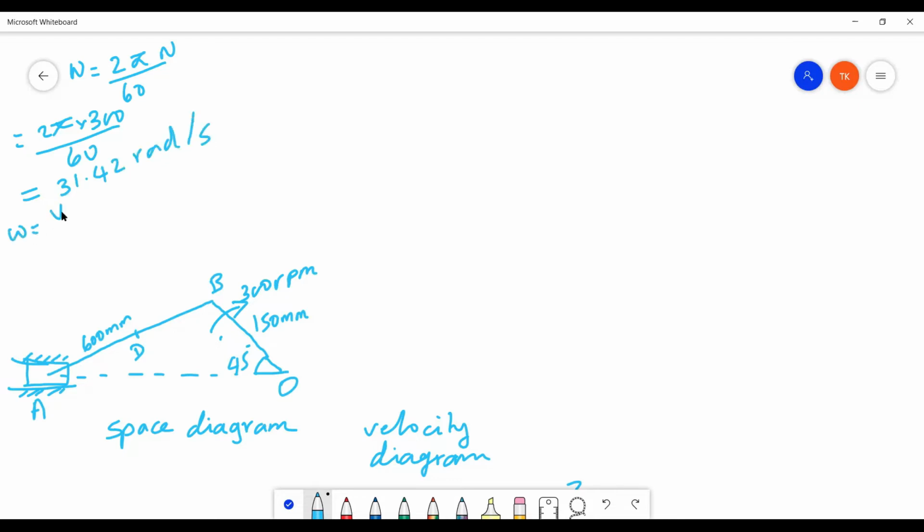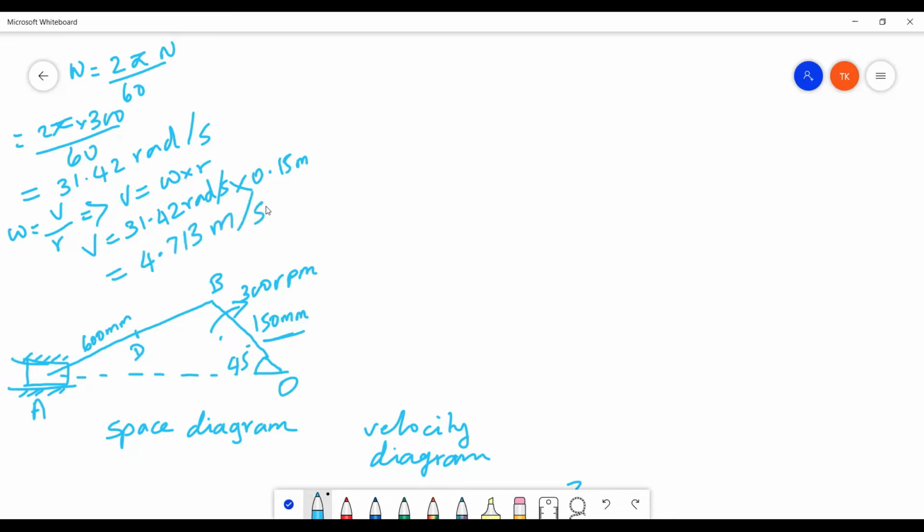Omega is equal to V upon R. From this I can find V, right? V is equal to omega into R. So V is equal to 31.42 rad per second into R, that is 150 millimeter, that is 0.15 meter, which is equal to 4.713 meter per second, right?